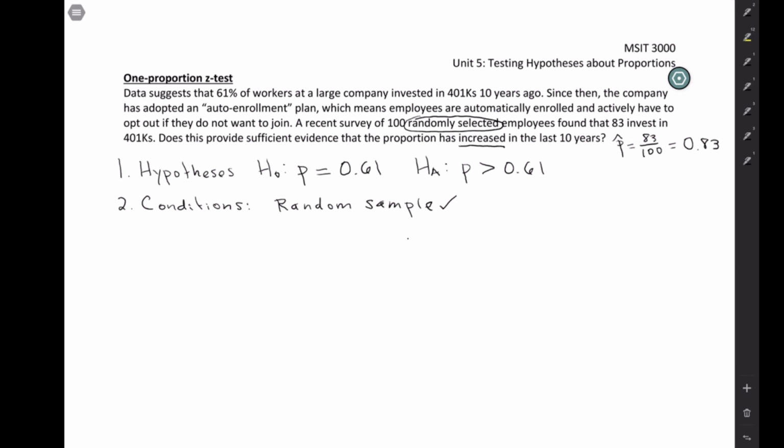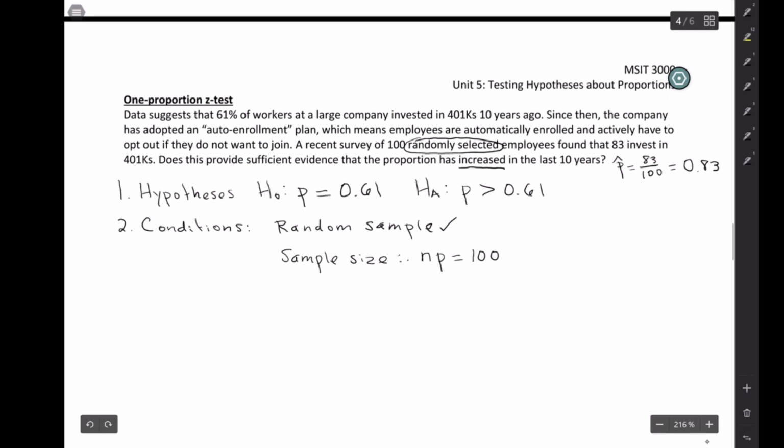The second one is we need to make sure that our sample size is large enough. We're going to take n times p. So n, remember, is our sample size, so that's 100. P, we're going to get from the null hypothesis, so multiply that by 0.61, and then check to make sure that it's at least 10.